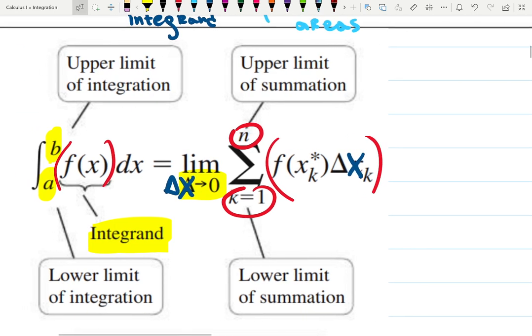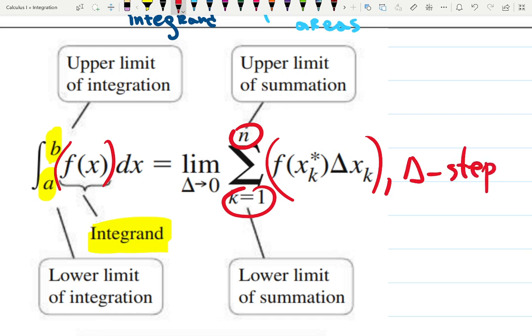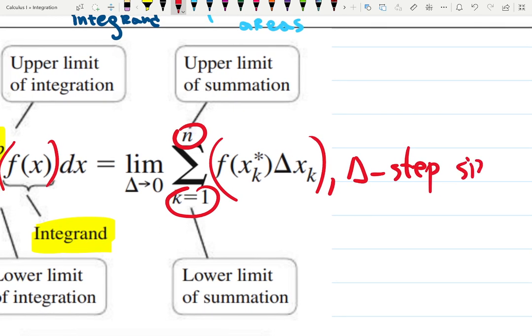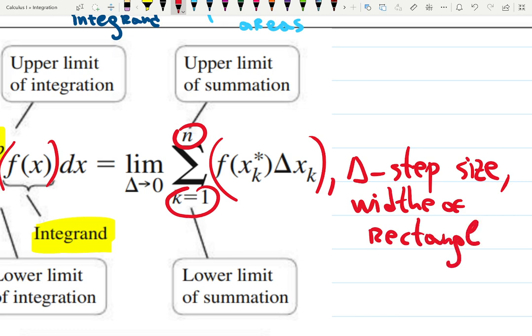And then delta, if you want to keep it the way they have it, delta is a step size. And also it's a width. Width of rectangles. And they don't have to be the same in general calculations. Math will still work out fine. But when they're the same, it's easy to do by hand.